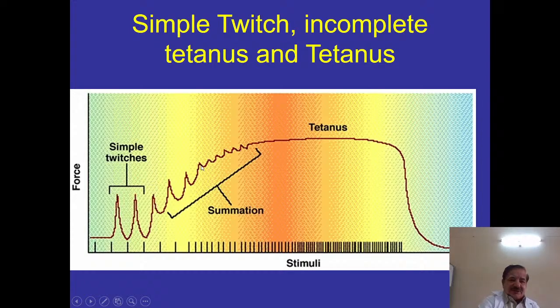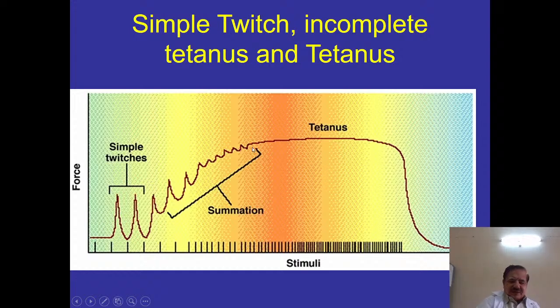And now you are giving it in the contraction phase itself. When you give it in the relaxation phase, that is called treppe, summation, and it is just like the saw of a blade.